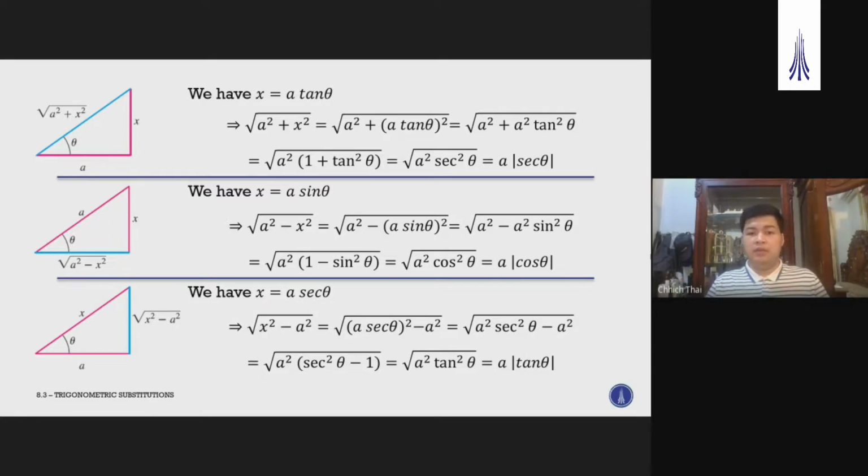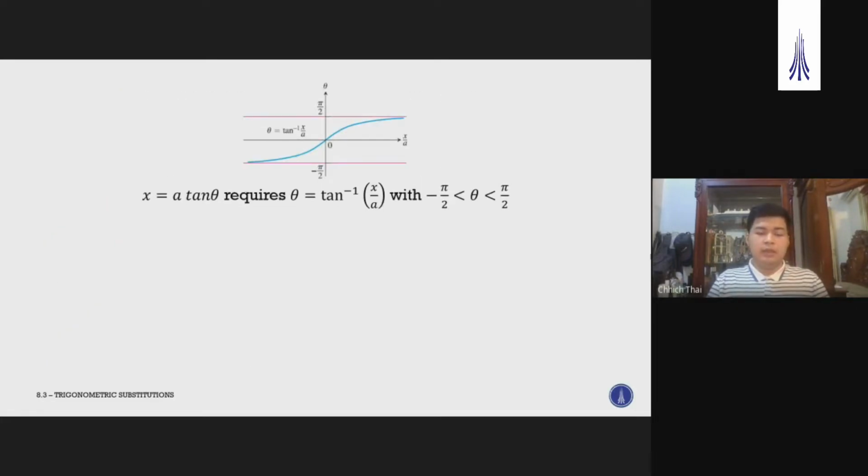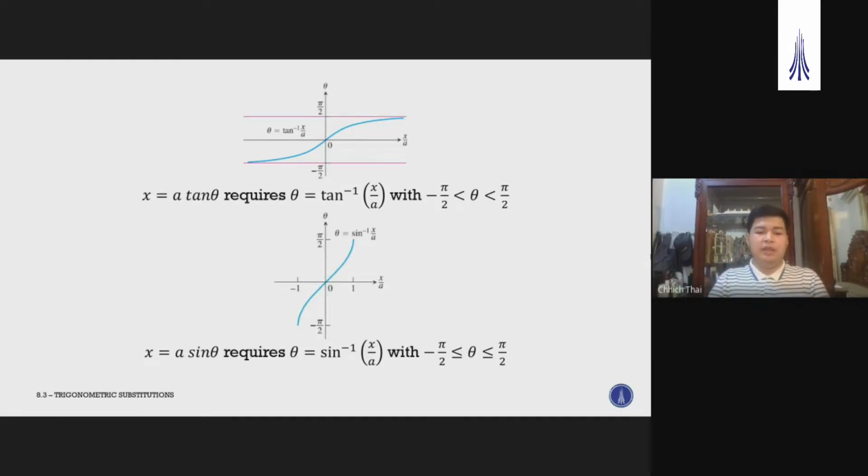So now we know which substitution to use with which function. We need to know how to set the value for theta in order to reverse it back to the original variables. For x equal to a tangent theta, theta must be greater than negative pi over 2 but less than pi over 2. For x equal to a sine theta, theta needs to be greater than or equal to negative pi over 2, but less than or equal to pi over 2.